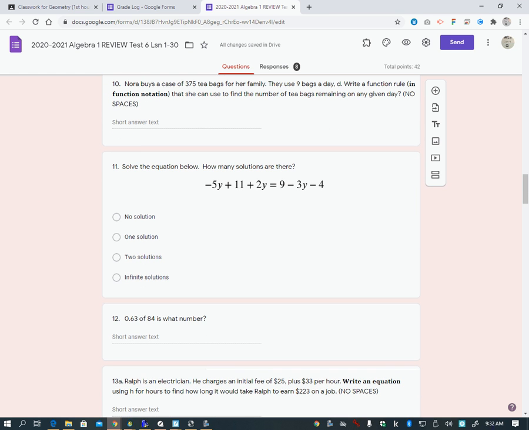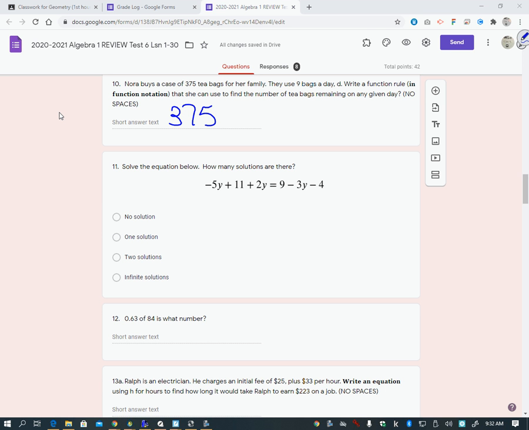Nor buys a case of 375 tea bags. They use 9 a day. Write a function, in function notation, she can use to find the number of tea bags remaining on any given day. No spaces. All right. So we're using D for day, right? How many tea bags are we starting with? So we got 375. Okay.